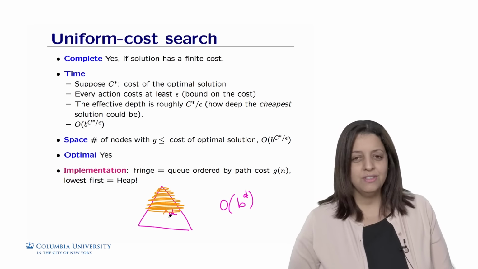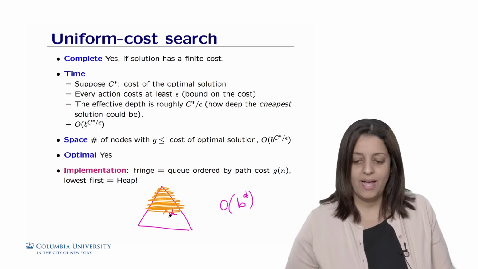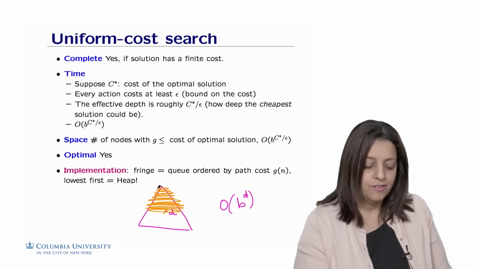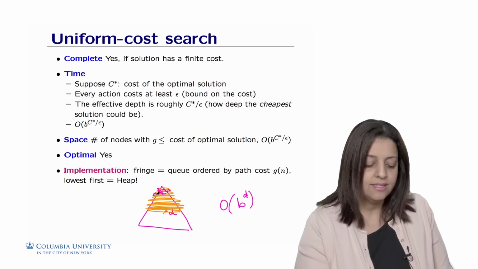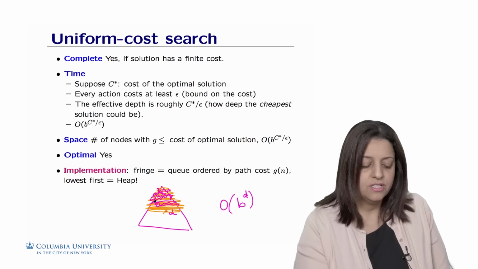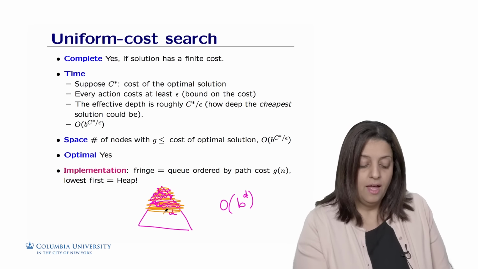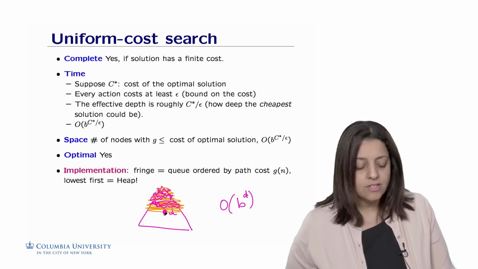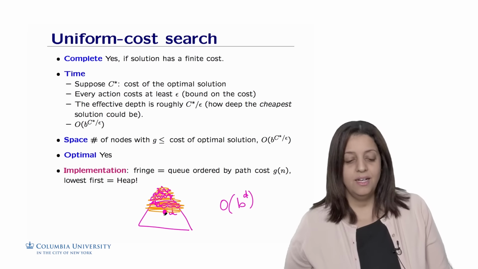Uniform cost search will not really do it level-wise. It's going to be a little bit ragged, but it's still going to search until it reaches the level of the solution D.